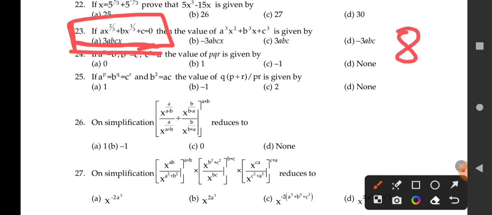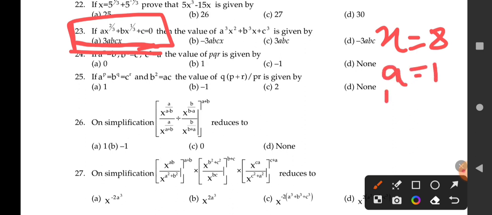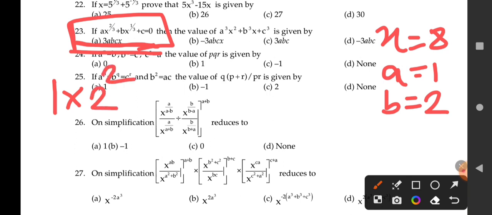Cube root of 8 is 2, so we can take x equals 8, correct? Then if we take a equals 1 and b equals 2, so what do we get? If a is equal to 1, then 1 into cube root of 8 is 2, right?